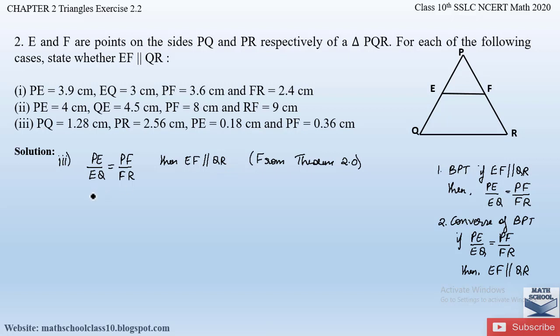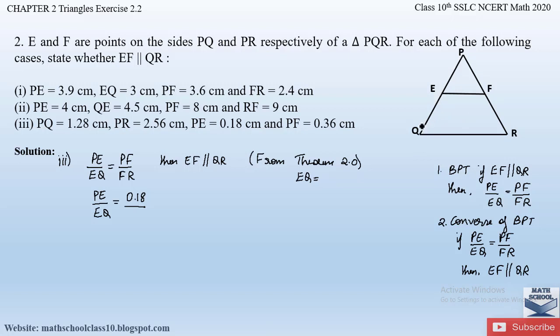So let us first find out PE divided by EQ, that is equal to, what is PE value? It is 0.18 divided by EQ. So here they have not given us EQ value directly. Instead they have given us PE and PQ value. EQ can be written as PQ minus EP.